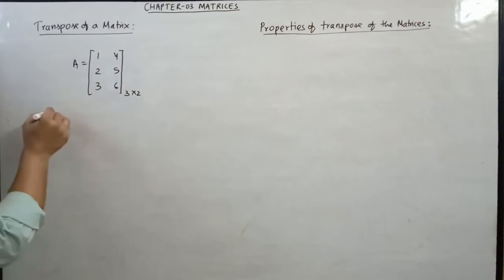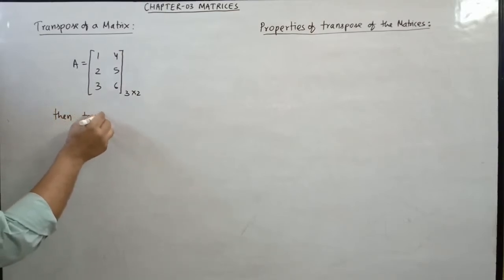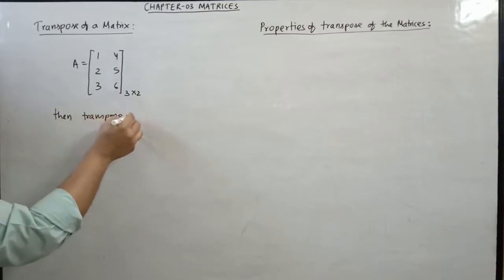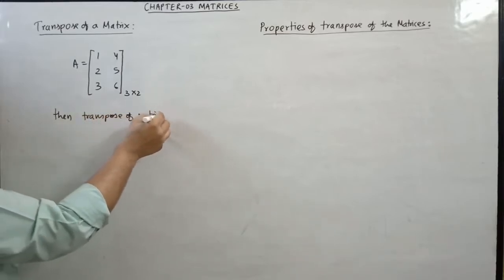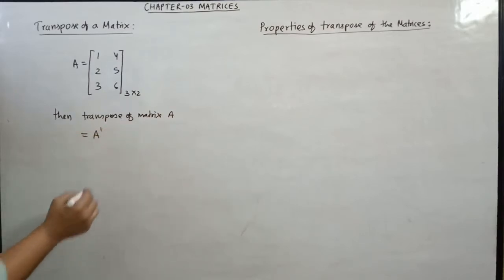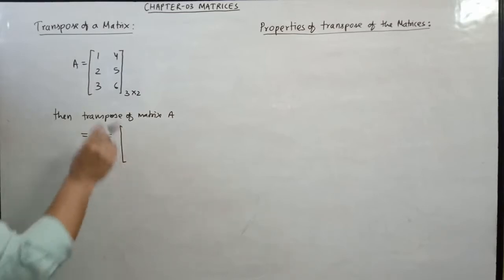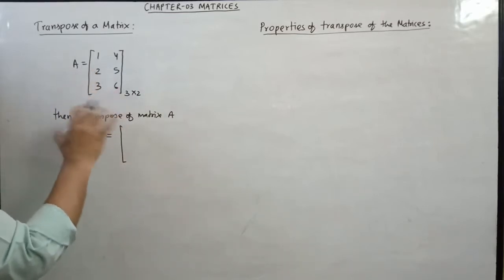Then the transpose of this matrix is represented by A dash, and it is the matrix obtained by interchanging its rows and columns.